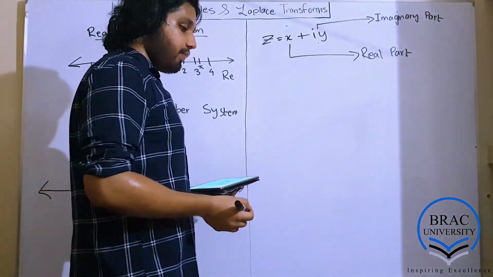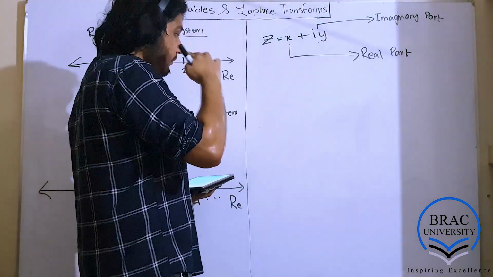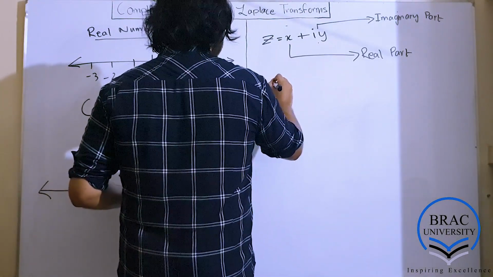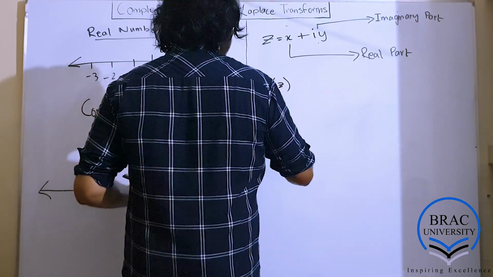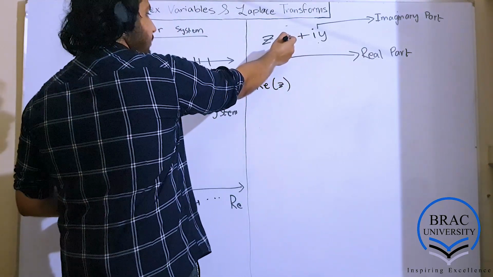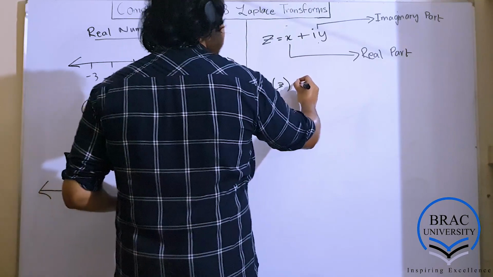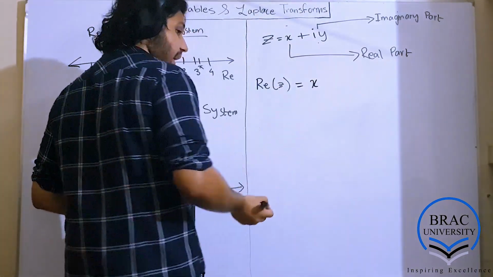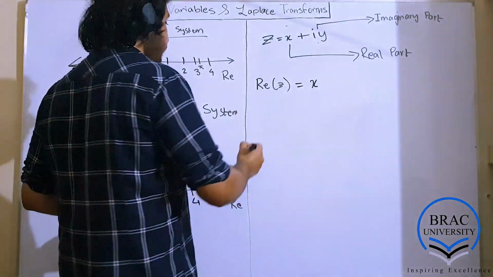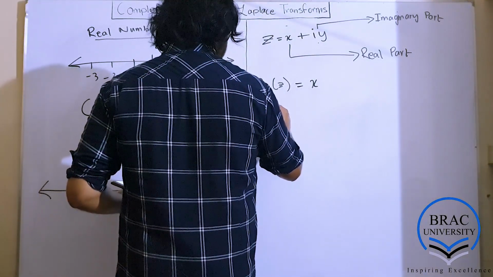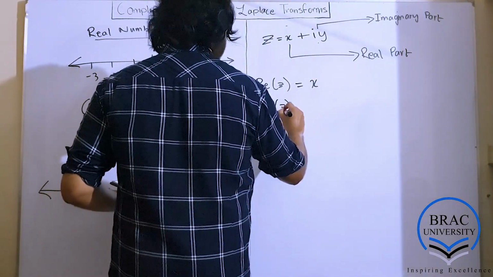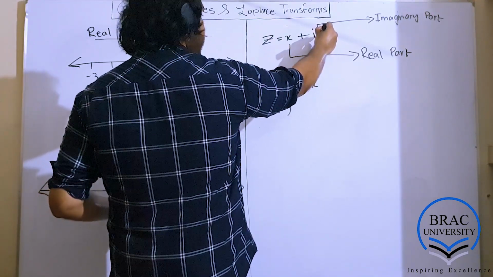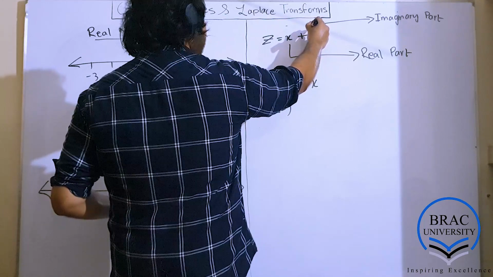It's also worth noting that if somebody asks you what is the real part of z, you give the real number part, which is x. They could also ask you what is the imaginary part of z, which here is y, the multiplicative coefficient of the imaginary number.